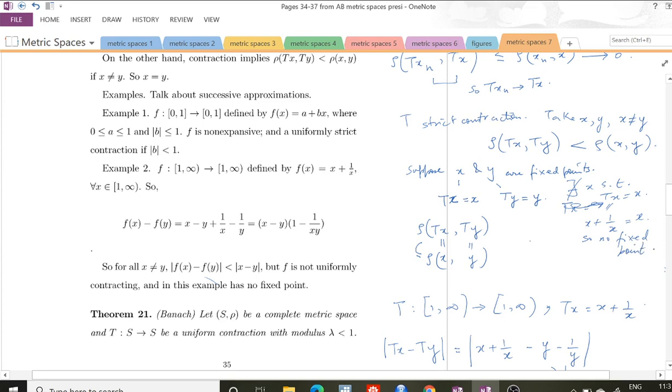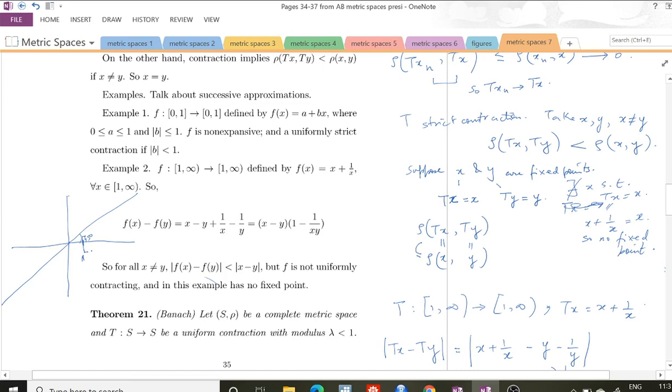And by way of an aside, if I want to show what the graph of Tx here looks like, again take the 45-degree line, but I want to take Tx from 1 to infinity, right?